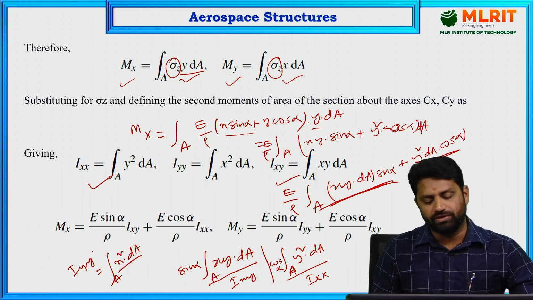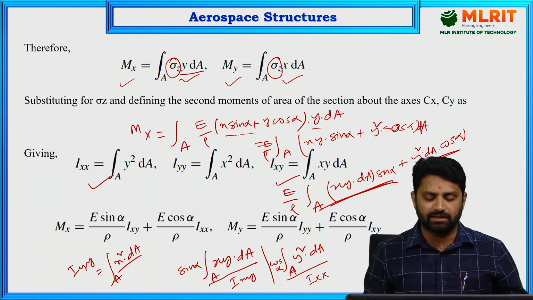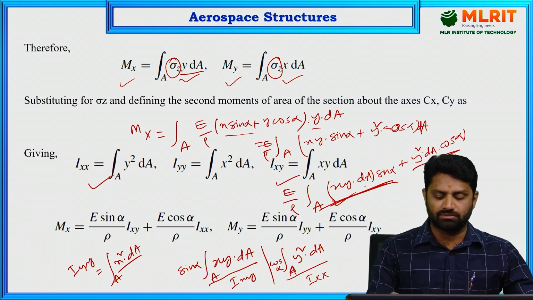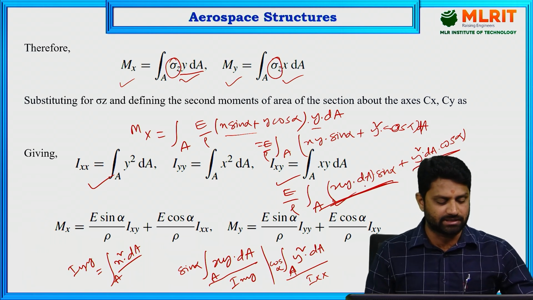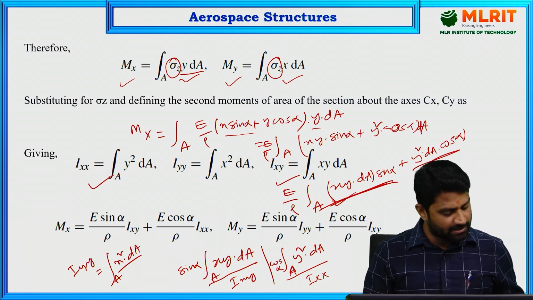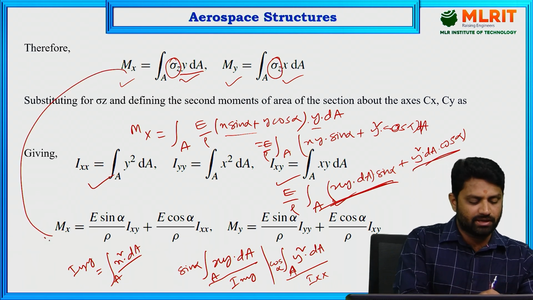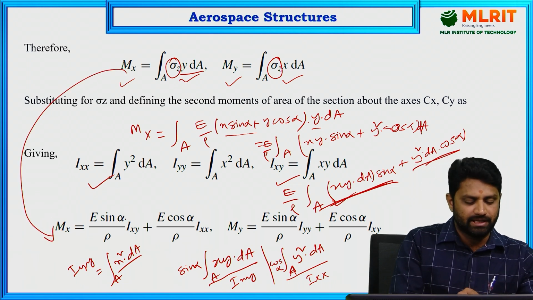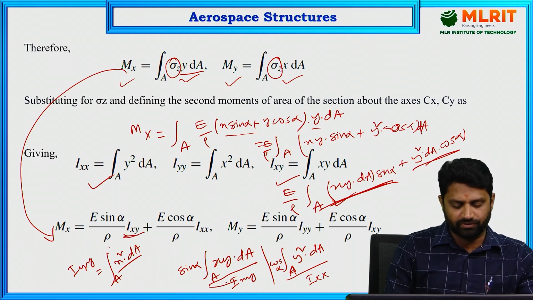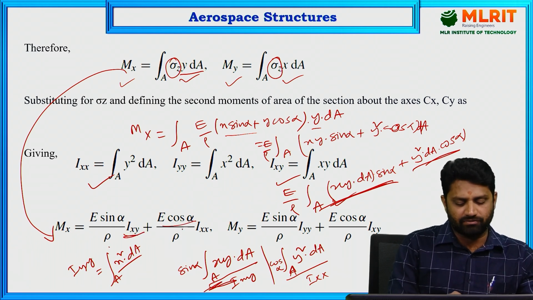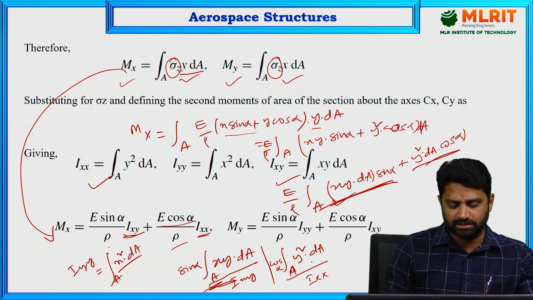Okay, so with these changes, by writing whatever we are having here in terms of Ixx, Iyy and Ixy, you can replace all this. You can write Mx equals E sin alpha by rho into Ixy, that is the first term, plus E cos alpha by rho into Ixx, that is the second term.